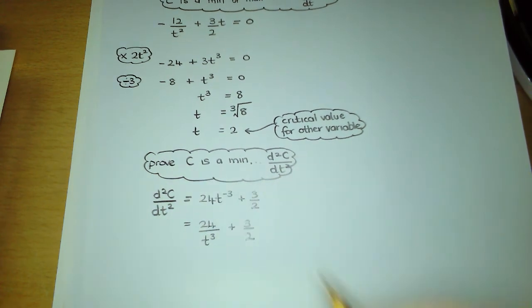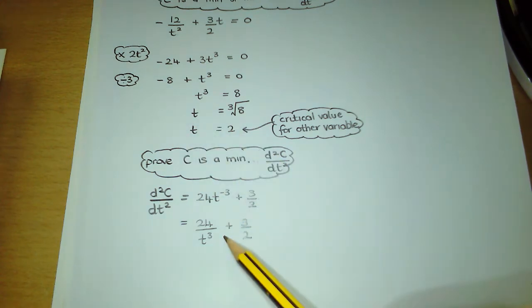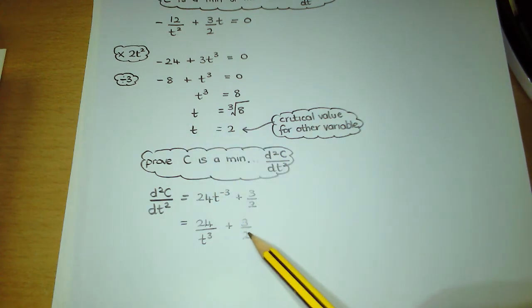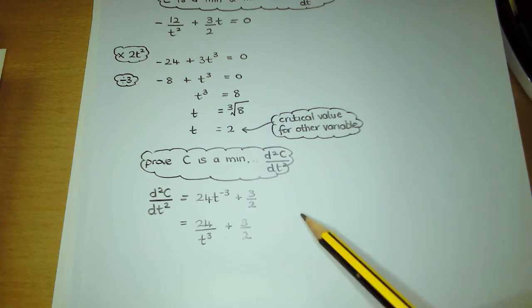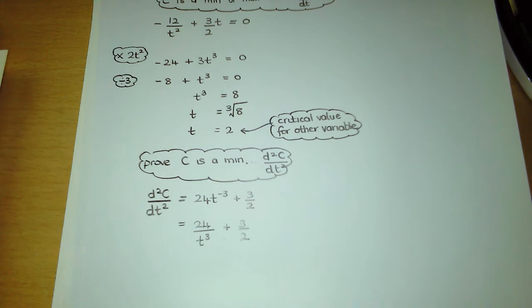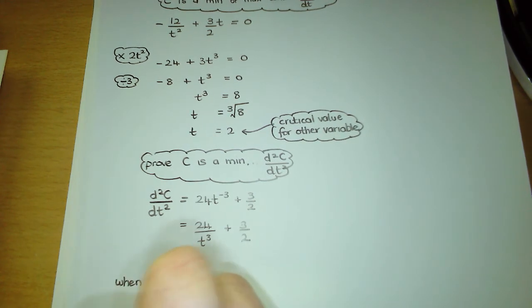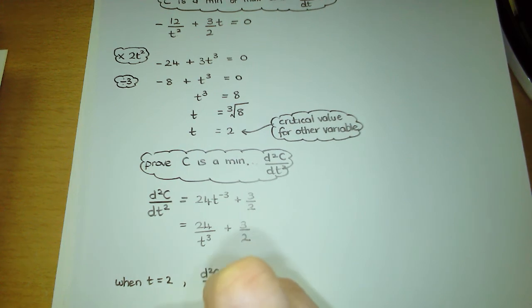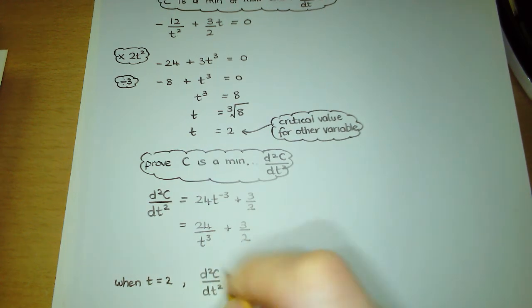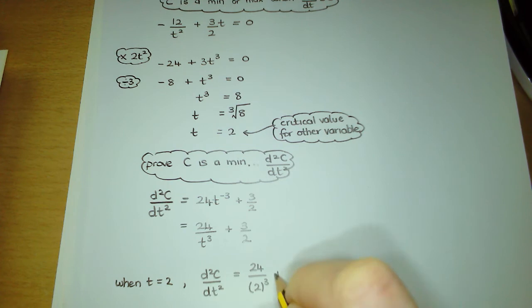Now, what we're going to do is sub in the critical value for the other variable t, and if d2c by dt squared is bigger than 0, then that proves that c is a minimum. So let's see, when t equals 2, the second derivative is going to be 24 over 2 cubed plus 3 over 2.